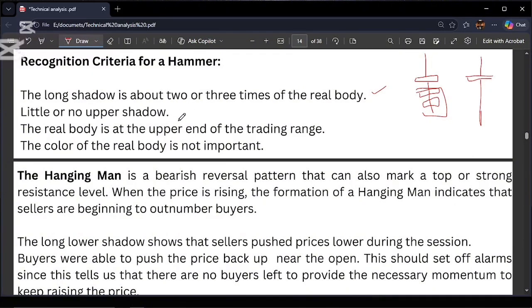Two, it should have little or no upper shadow. This is the body, and then we have the long wick down, so it should always have little or no wick up. The color of the real body is not important, whether it's green or red.